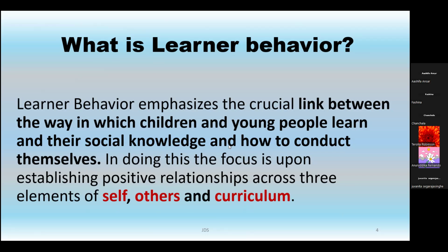So if they are to learn about social knowledge or social ethics or any other culture-related information, practices, definitely they have to interact with others around them.